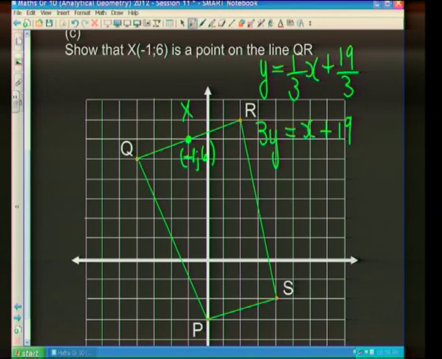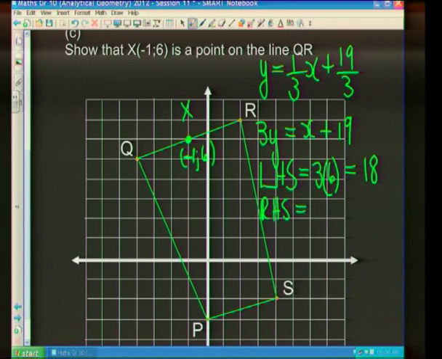Okay. Now, I'm going to substitute my y value in the place of y, but I'm going to do the left-hand side and the right-hand side separately. So I'm going to say left-hand side equals 3 times y, and the y value is 6. So 3 times 6, which is 18. The right-hand side is x plus 19, and the x coordinate is minus 1.